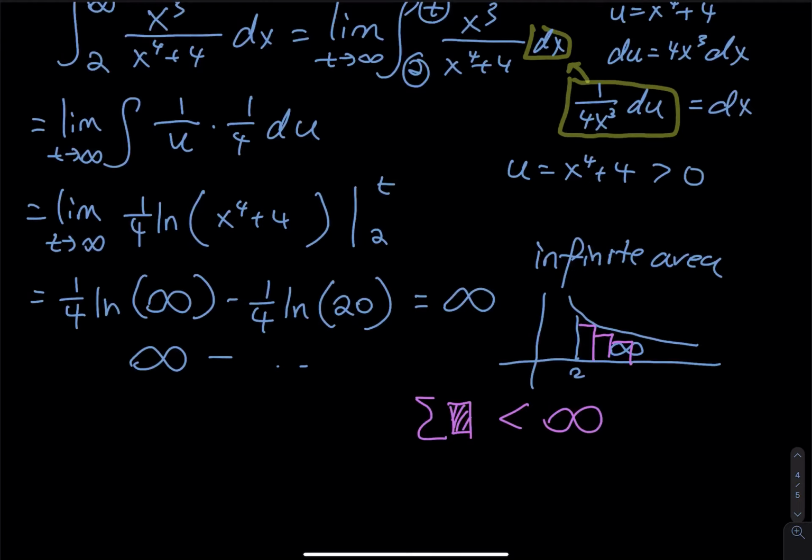So that means the area is infinite. What does that mean? That means the series is divergent. That's how you perform the integral test.